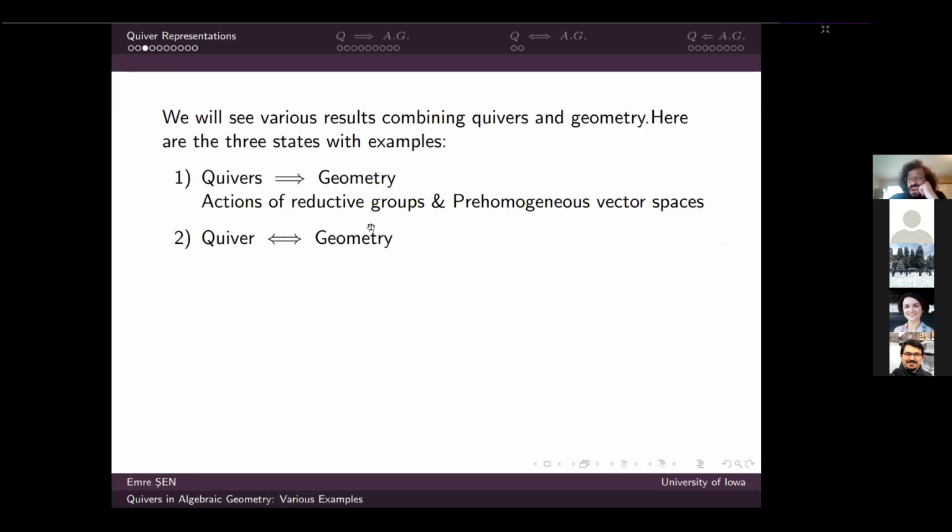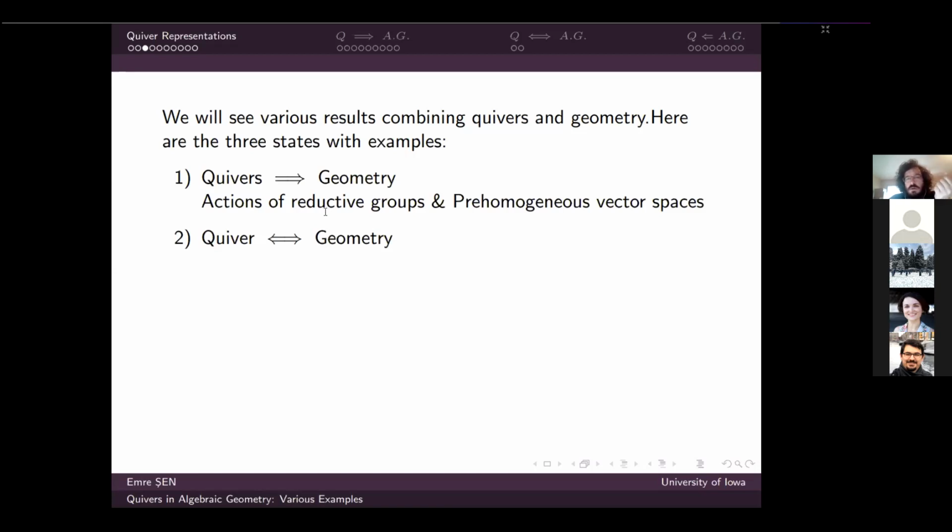And we can use quiver methods to understand their structure, especially to determine which reductive groups act with finitely many orbits. And here prehomogeneous vector space basically means that it has only one Zariski dense orbit in the whole space. And one can check the Sato-Kimura classification.